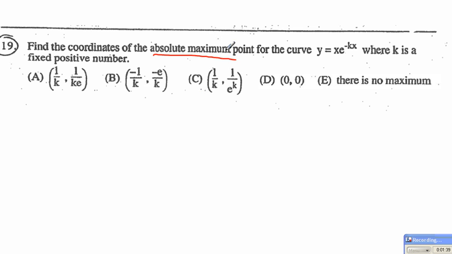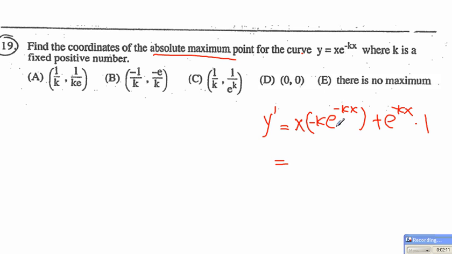Find the coordinate of the absolute maximum, where k is a fixed positive number. Then let's try to find y prime first. What do we end up getting? y prime becomes x times the derivative of this, which is negative k e to the negative kx, plus keeping e to the negative kx, the derivative of x becomes simply 1.